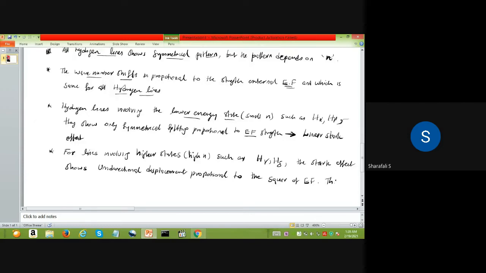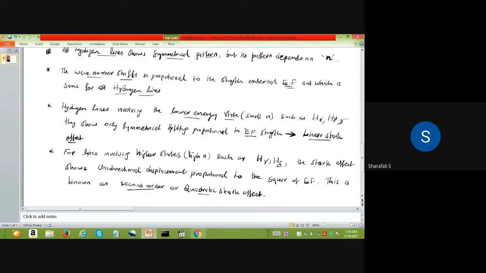This particular effect is known as the quadratic Stark effect. This one is linear, this is quadratic. So here it is the first order Stark effect, and this is the second order Stark effect.